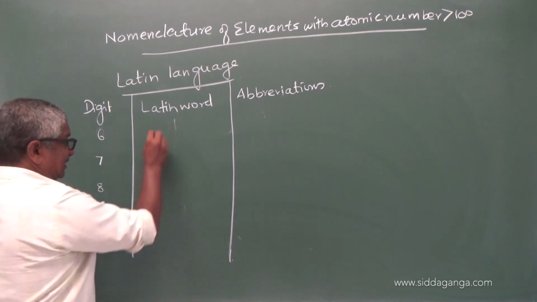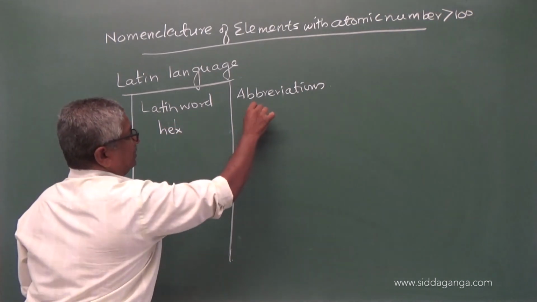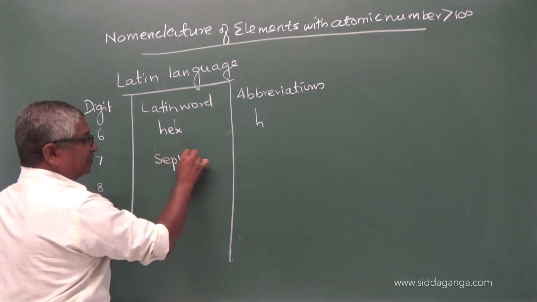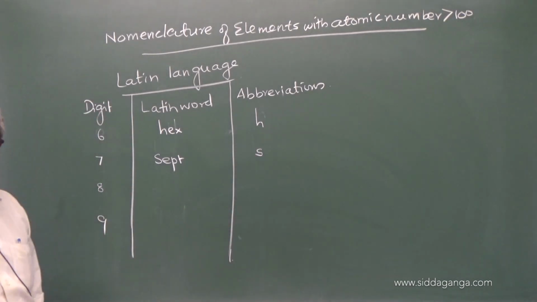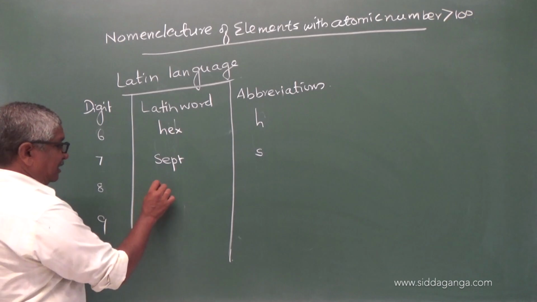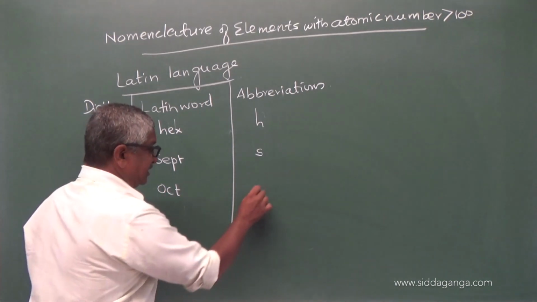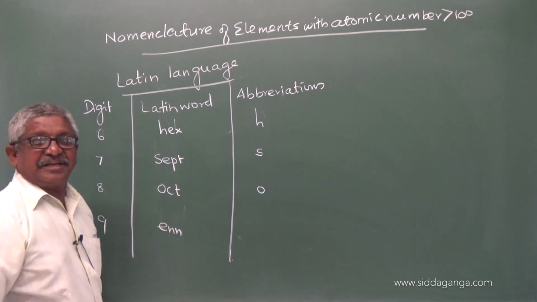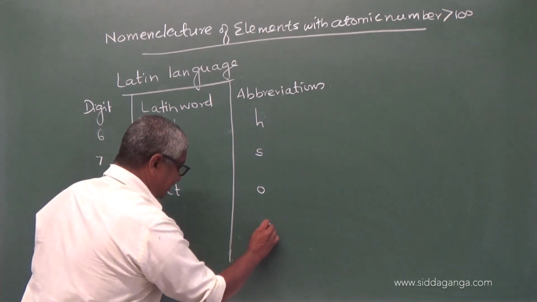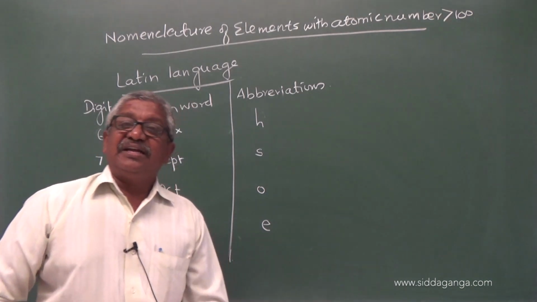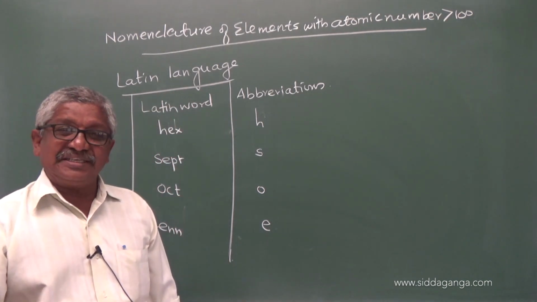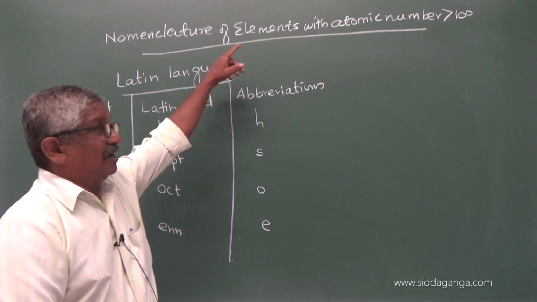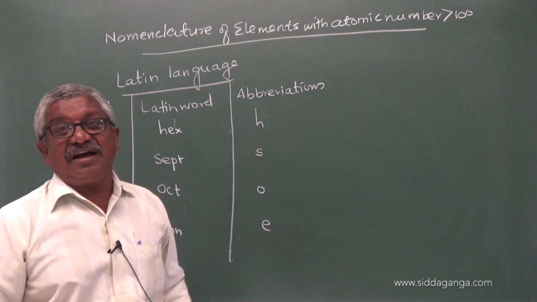For 6 it is hex, abbreviation H. 7 is sept, abbreviation S. 8 is oct, abbreviation O, and 9 is enn, abbreviation E. So these are the Latin words for each digit for systematic naming of the elements with atomic number greater than 100.